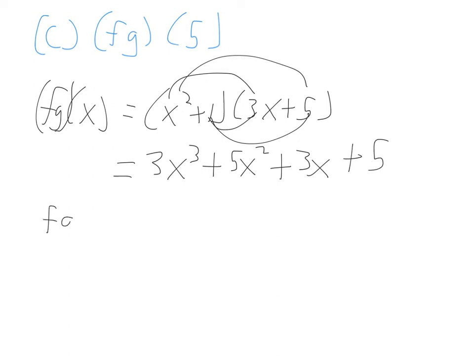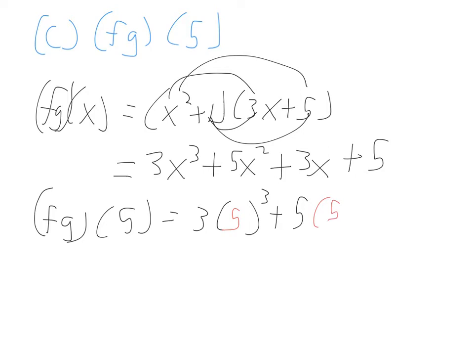So now f times g of 5 would be 3 times, instead of x to the third, it'd be 5 to the third, plus 5 times 5 squared, plus 3 times 5, plus 5.